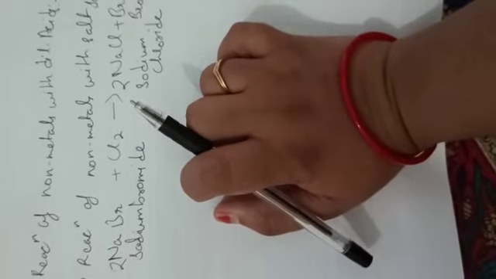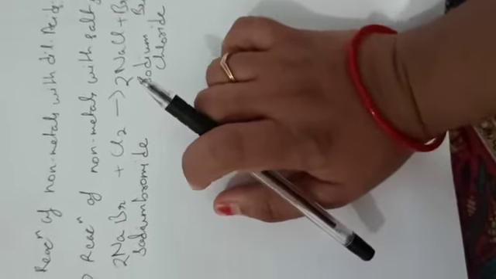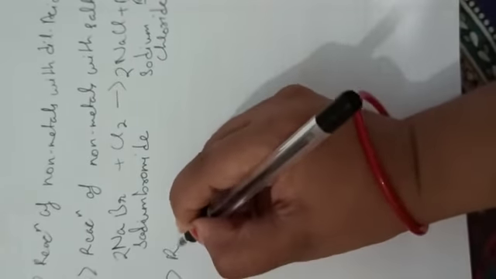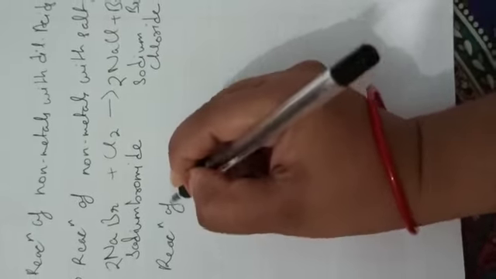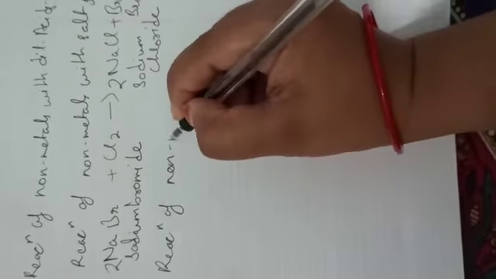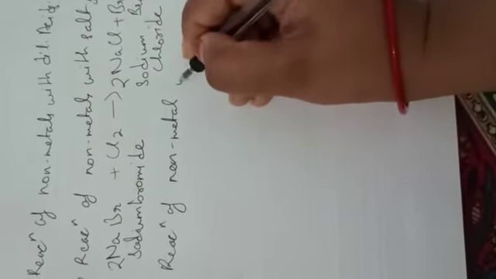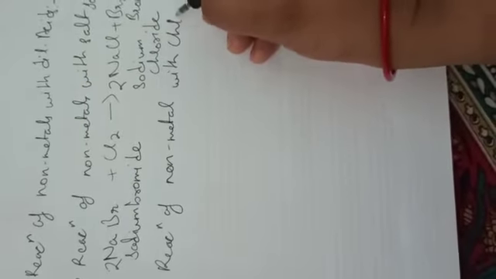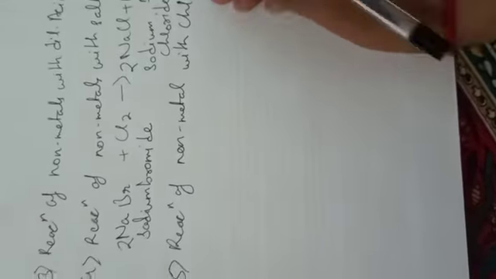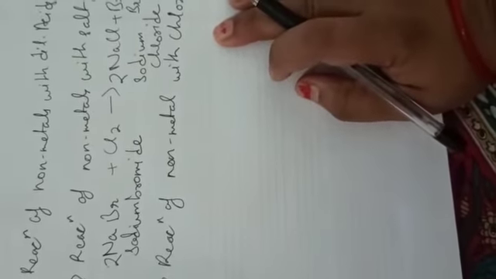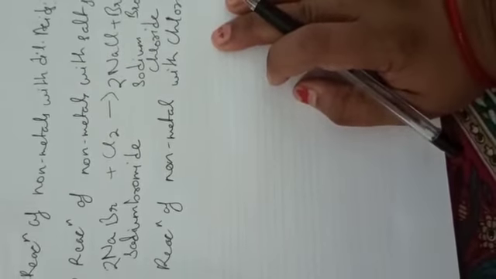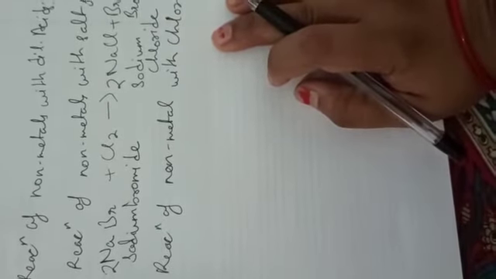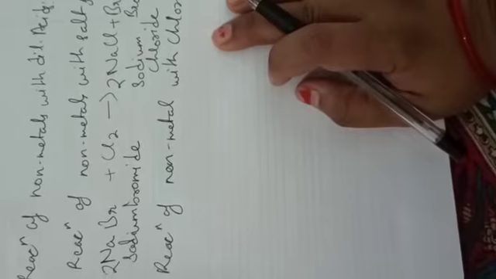Okay, so now let's see the reaction of non-metals with chlorine. Fine. So students, non-metals react with chlorine to form covalent chlorides, which are non-electrolytes.